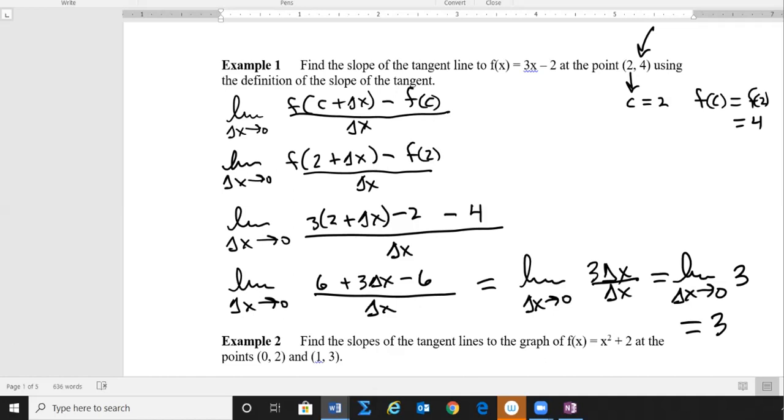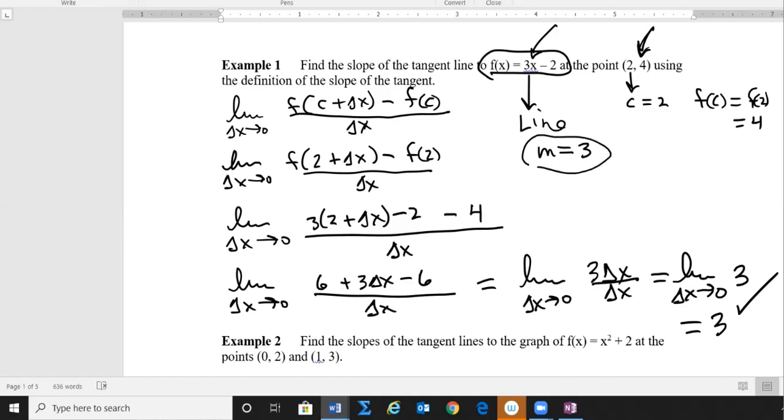Okay, so summarizing, we've used the definition to find the slope of the tangent to this curve at this point. Now, something you should already know about this curve, if we look back here, we notice this is a line. And you can see in the form y equals mx plus b that the slope is actually a 3. Well, that's confirmed over here.